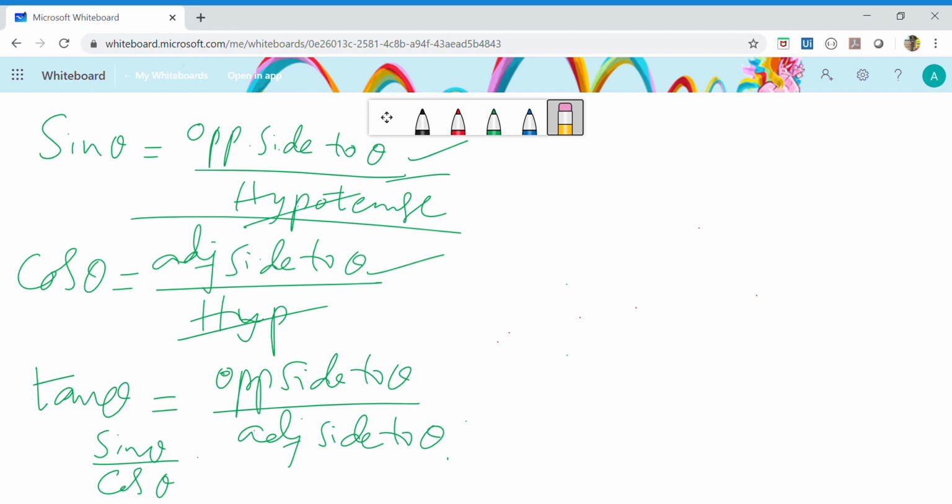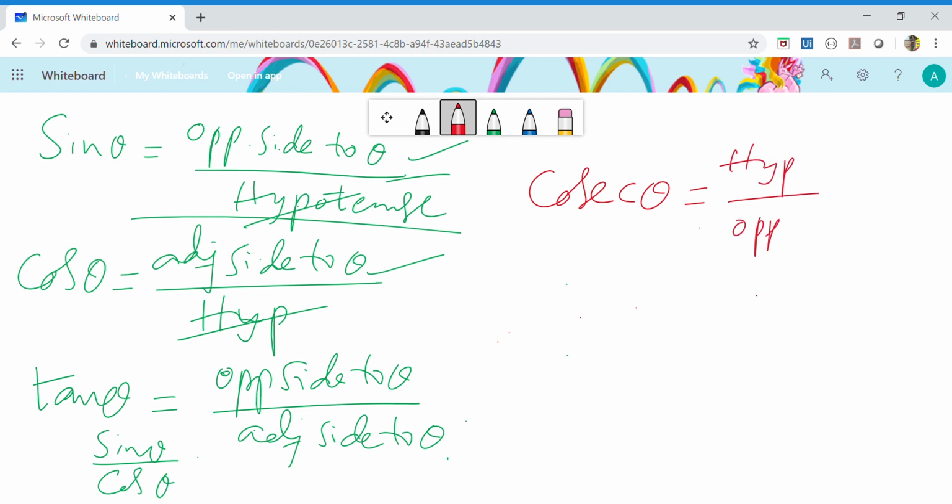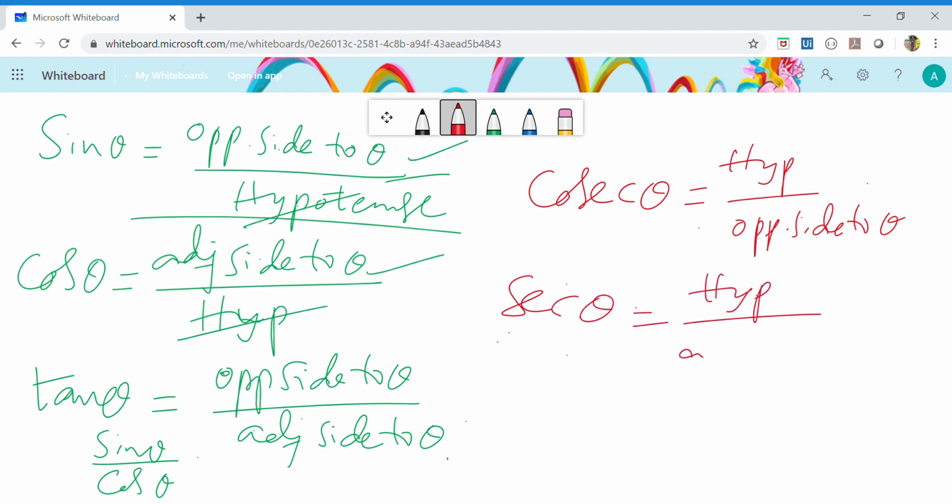And you have their reciprocals. What are the reciprocals of these? The reciprocal of sin theta is cosecant theta, or cosec theta, which is nothing but hypotenuse by opposite side to theta. Cos theta's reciprocal is secant theta, and its definition is hypotenuse by adjacent side.